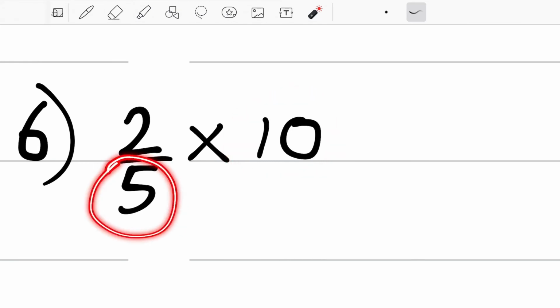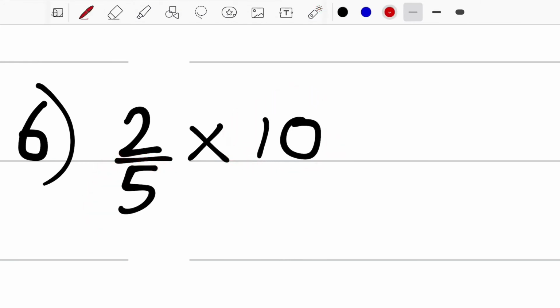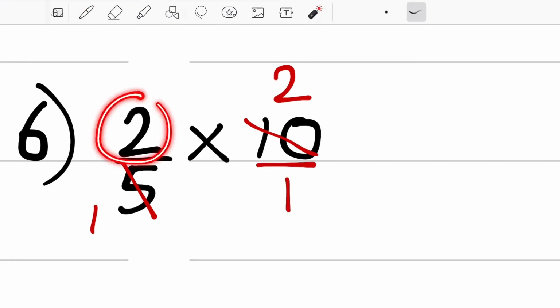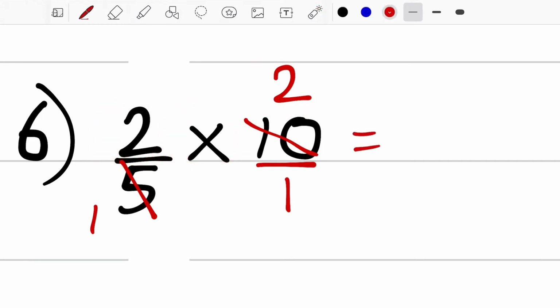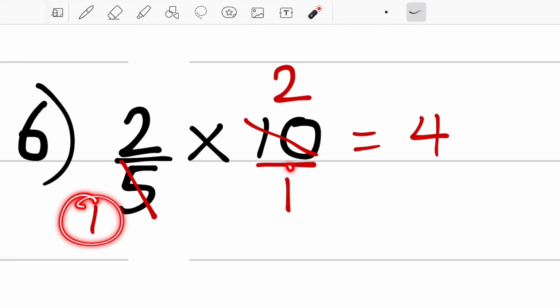They are both divisible by 5. 5 into 5 is 1, 5 into 10 is 2. So we can put this over 1, and we can say 2 times 2 is equal to 4, because we can't do any further cancellations. And then we have 1 times 1 is equal to 1. 4 divided by 1 is still 4.